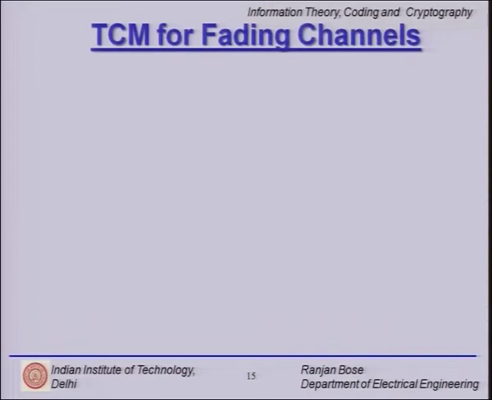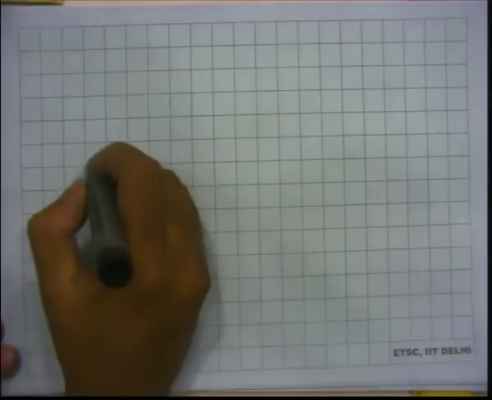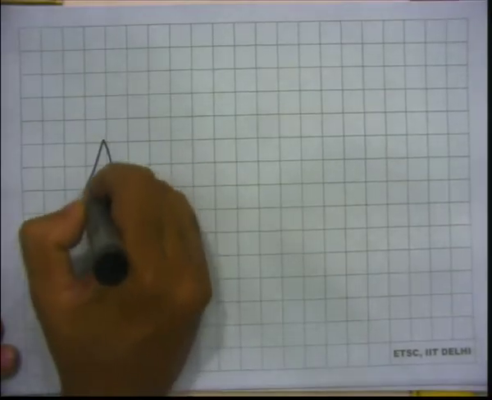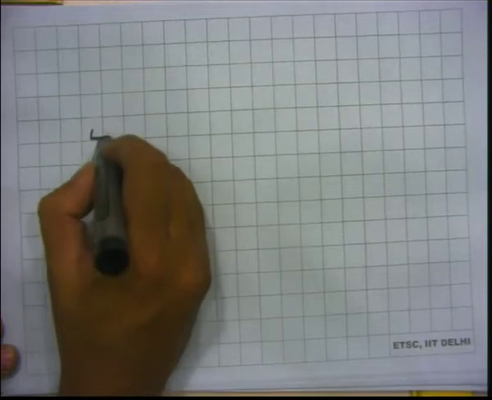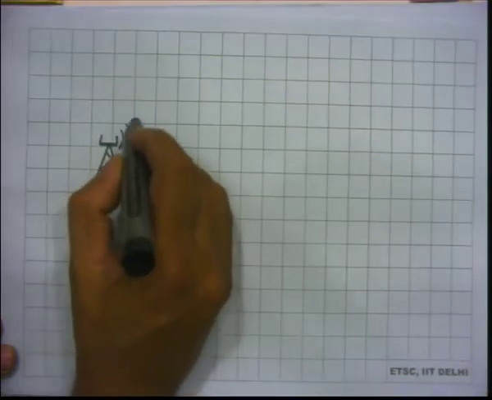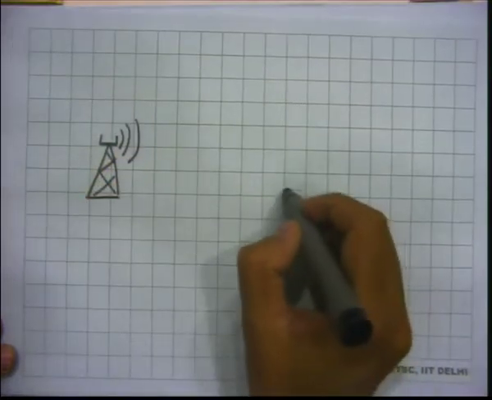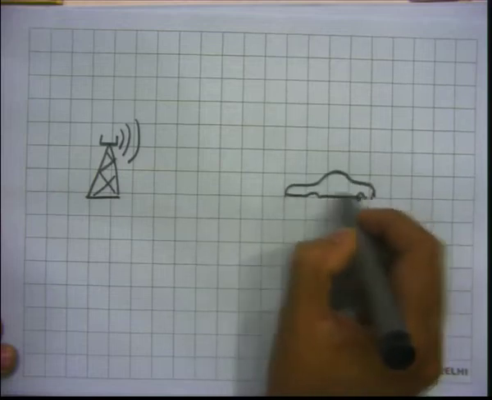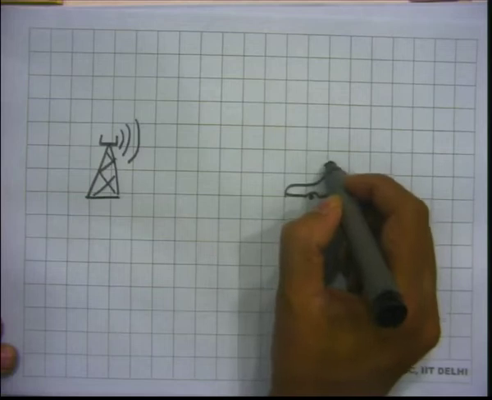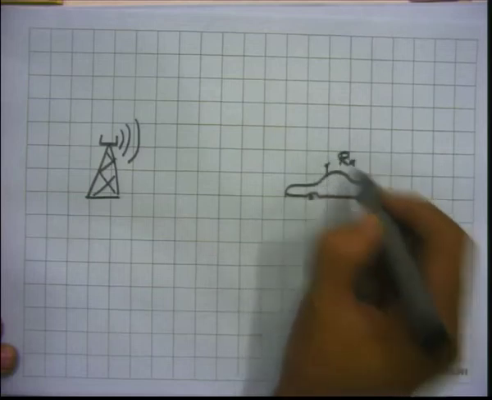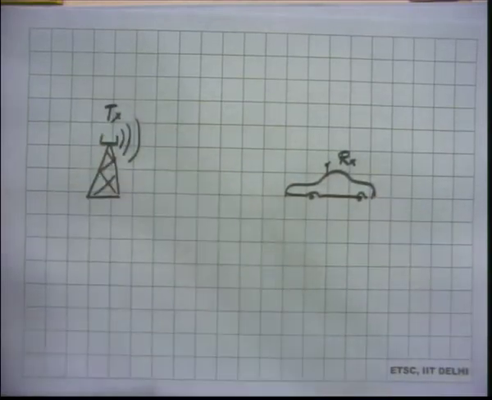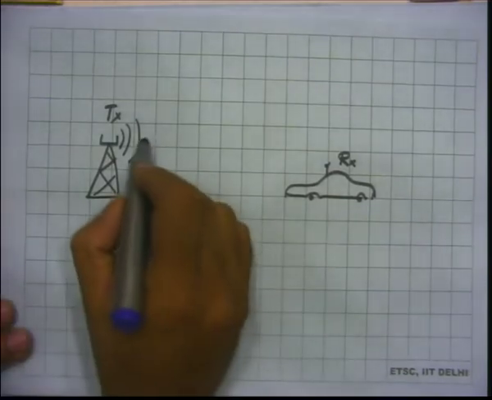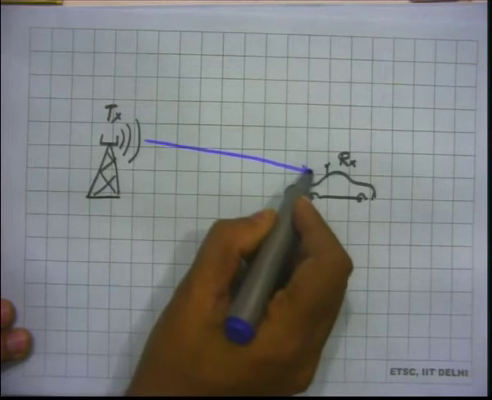So, if you consider a transmitter and a receiver, then we have the signals going from the transmitter to the receiver.